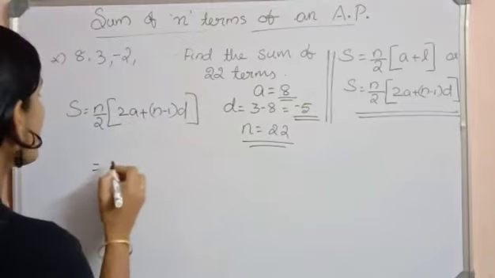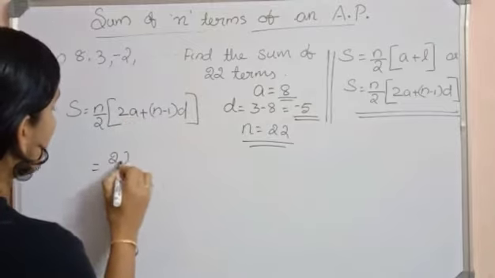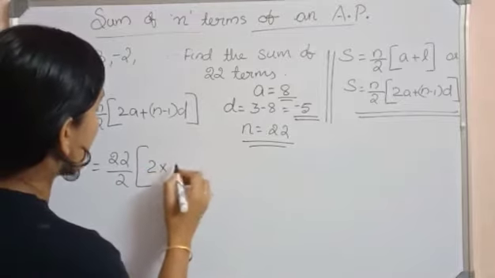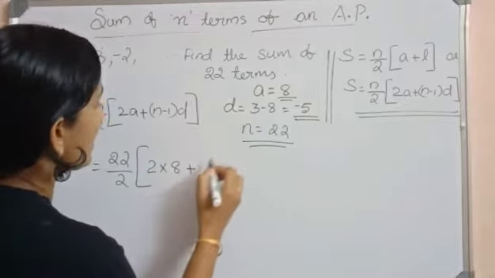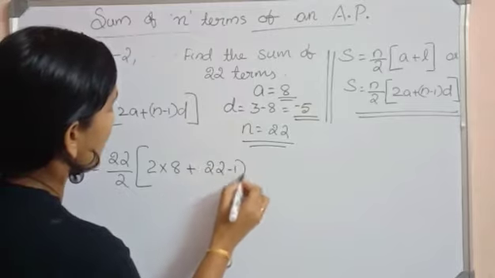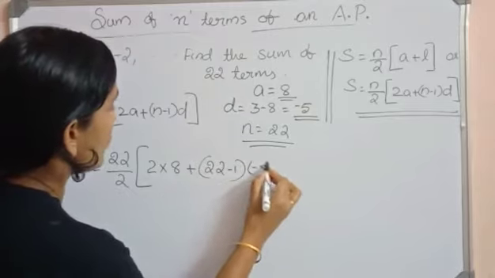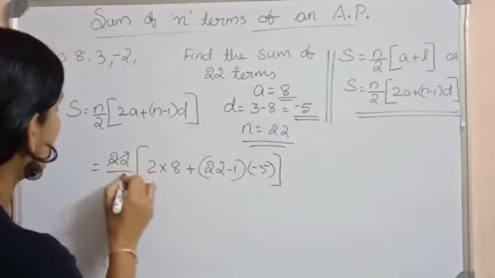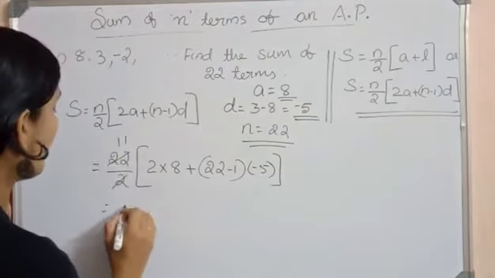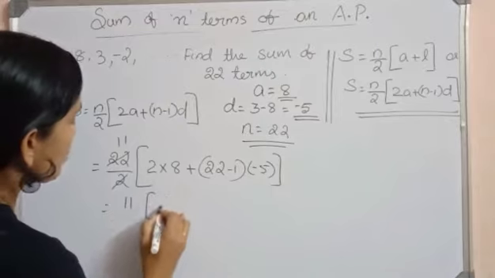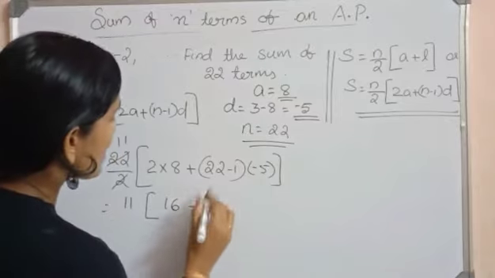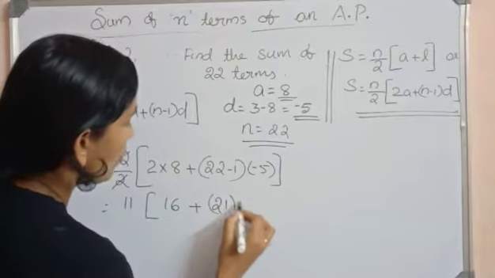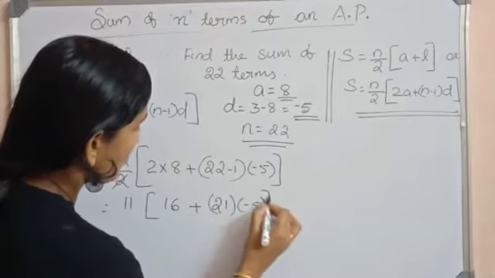We get the sum as 22 by 2 into (2 into 8 plus (22 minus 1) into minus 5), and if we cancel, this will become 11 into (16 plus 21 into minus 5).